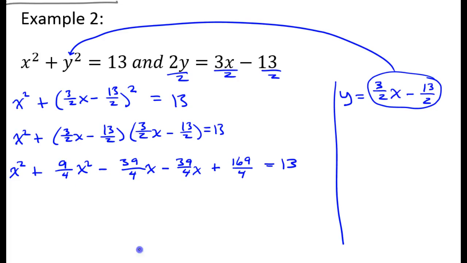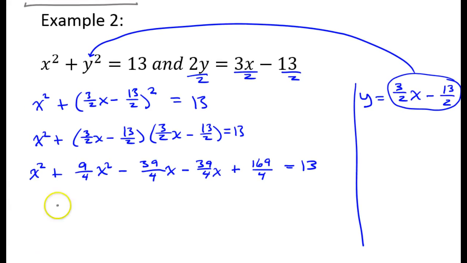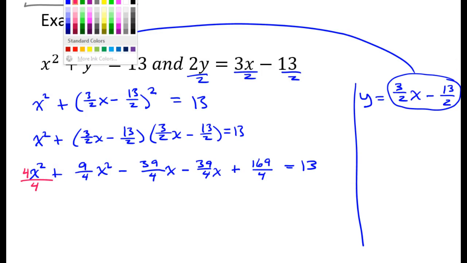So combining my like terms, I need to combine these x squared terms, but I need like denominators for that. So I'm going to multiply the numerator and denominator by 4. Now these are like denominators.